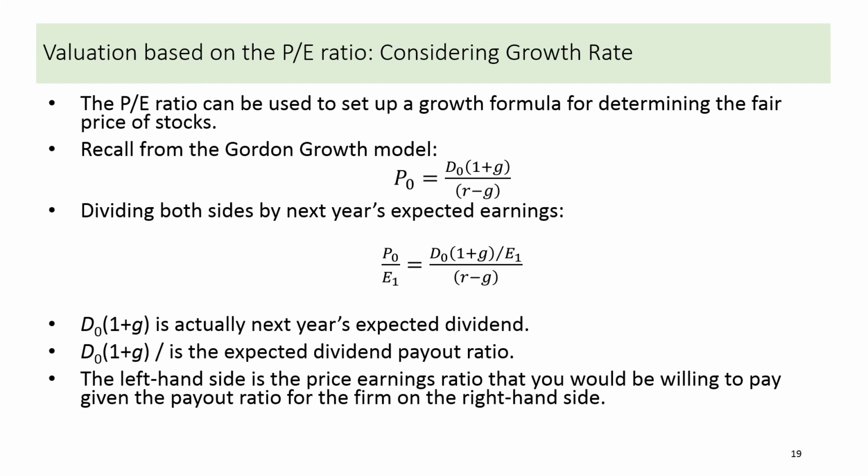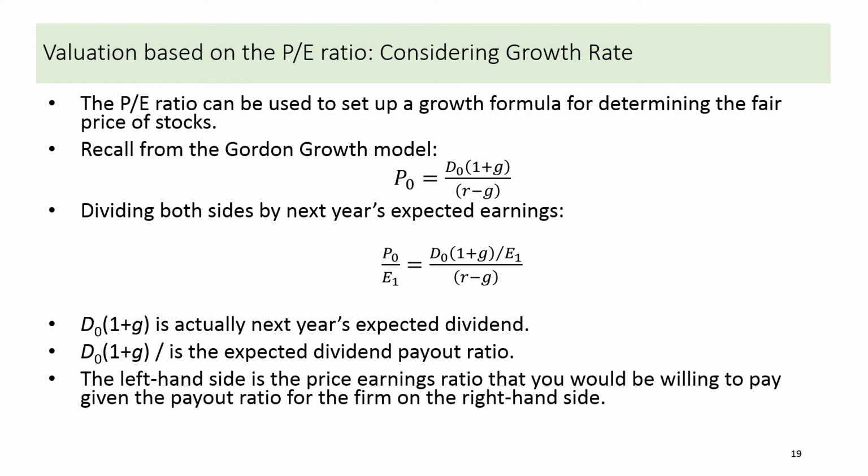The PE ratio can be used to set up a growth formula for determining the fair price of stocks. Recall from the formula of Gordon Growth model. Dividing both sides of the equation by next year's expected earnings, and you will get a new equation.